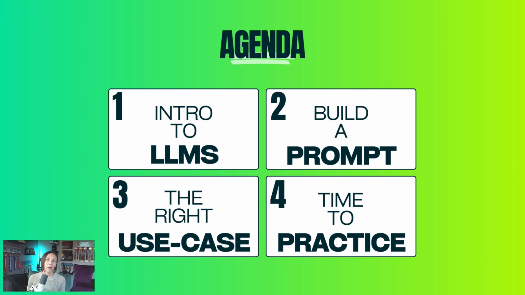We're going to talk about what they do, how they work, and some of the things we need to look out for in order to use them safely and ethically. Next, we're going to talk about how to build a prompt. We'll go over these things that I built called prompt building blocks, and I've got 10 of them for you. You can use those to get better results from your prompts.